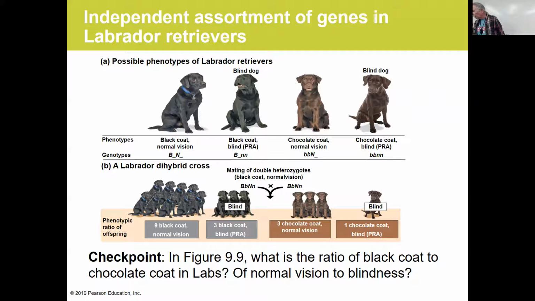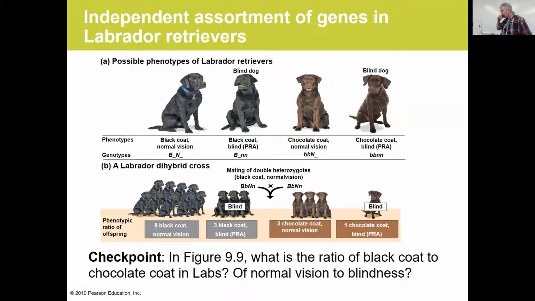And when you mate these dogs together, you get 9 black coat normal vision, 3 black coat blind, 3 chocolate coat normal, and 1 chocolate coat blind. 9, 3, 3, 1. So what is the ratio of black coat to chocolate coat, or normal vision to blindness? Let's just make believe it's a monohybrid cross.